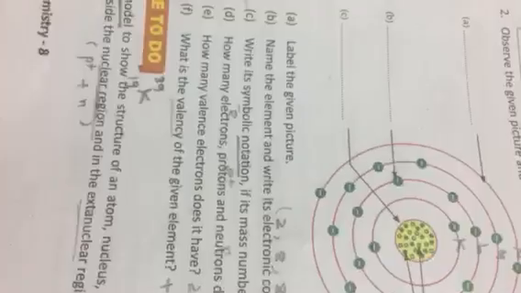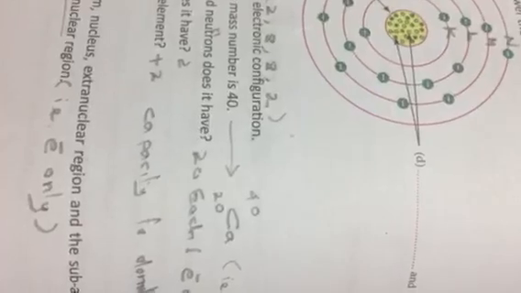And the last two questions are very important. How many valence electrons does it have? You write 2. But when you come to the question, what is the valency of the given element? Plus 2, which means it has the capacity to donate 2 electrons. That is why it becomes Ca++. That you will try to remember and you will attempt this question.